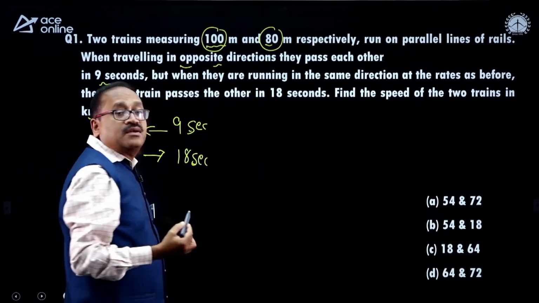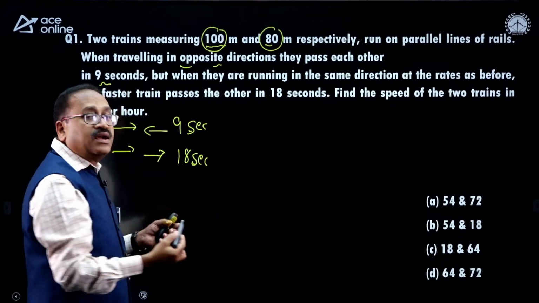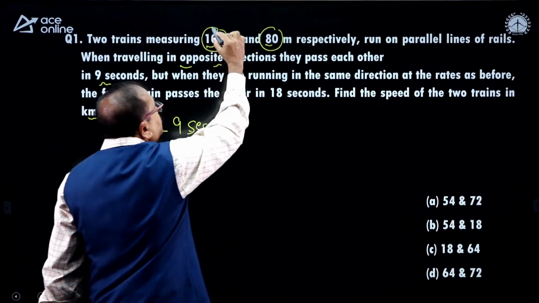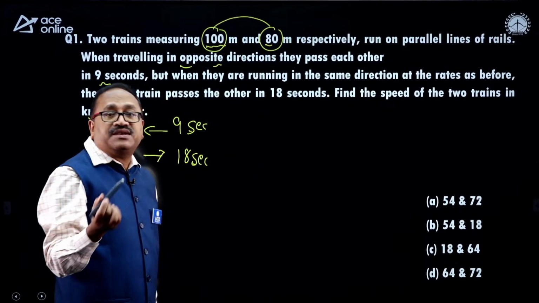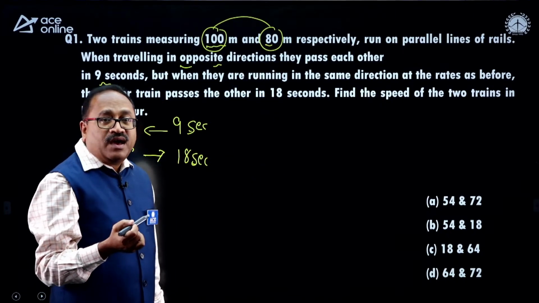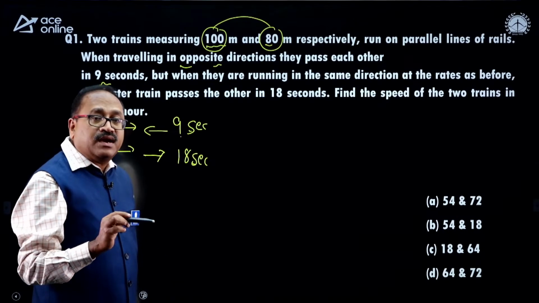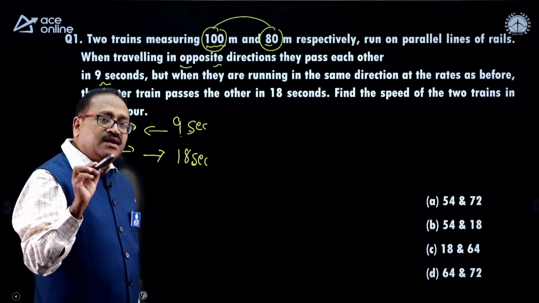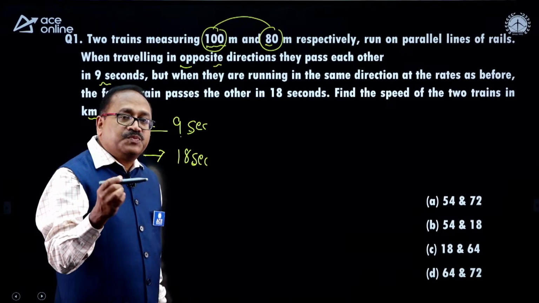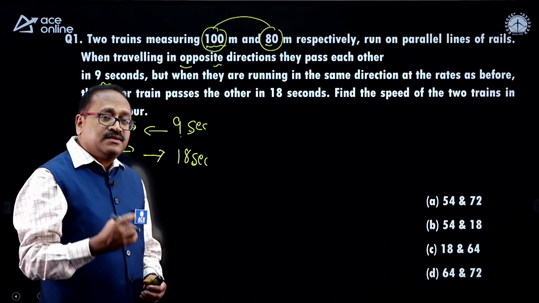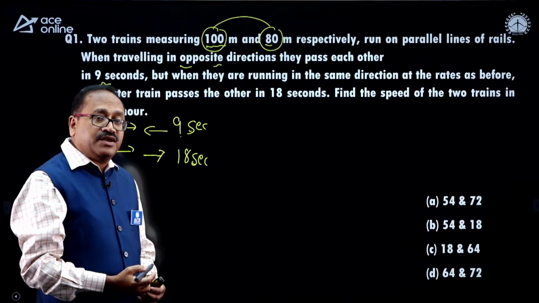So when two trains are moving either in the same direction or in opposite direction, what is my distance? My distance is 100 plus 80, 180. And what is the time when moving in opposite direction? 9 seconds. So can I get the relative speed when the two trains are moving in opposite direction? Yes, my dear friend, we can get it.